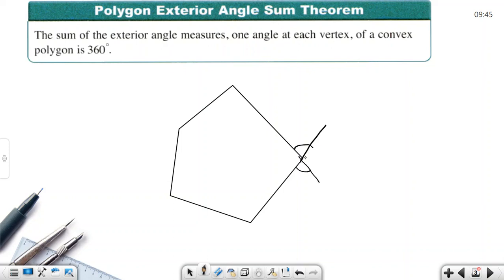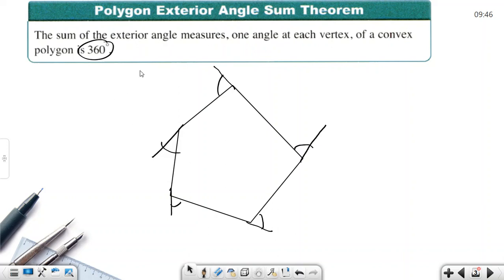As you see, these are vertical angles. So these are congruent, but we will use only one of them. So it's up to you which one to use. Let's use that one. As you see, these are exterior angles, and the sum is all the time 360. It doesn't matter if it's a 6 sides polygon, 7 sides polygon, heptagon, hexagon, nonagon. It doesn't matter. It's all the time 360 degrees.